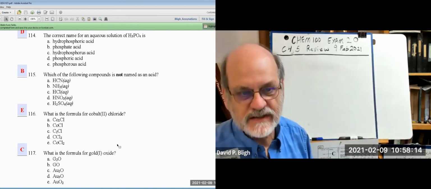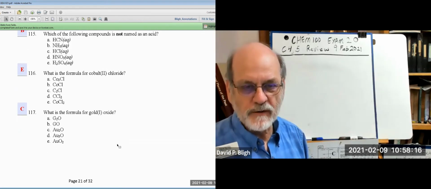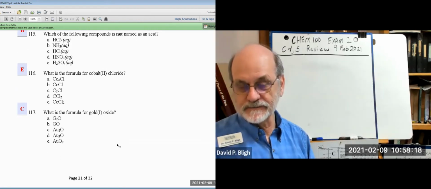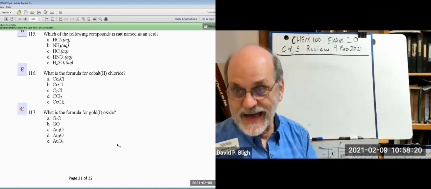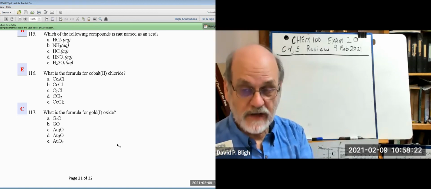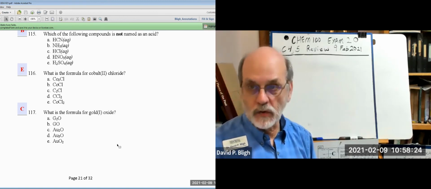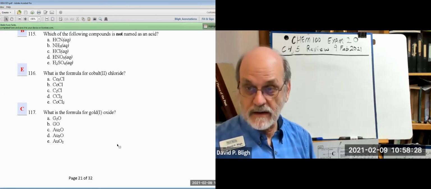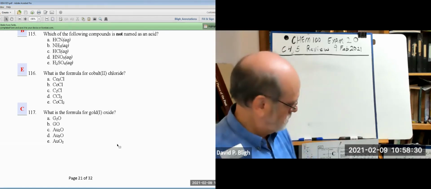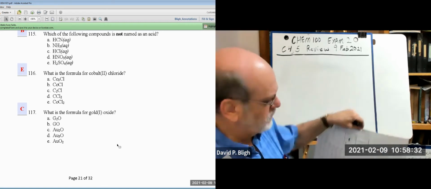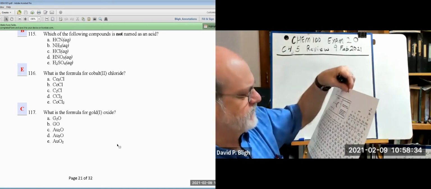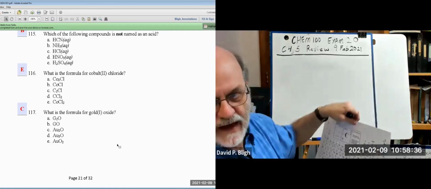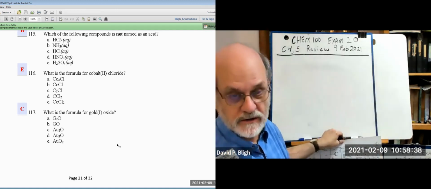All right, 117. What's the formula for gold 1 oxide? Right? I mean, is that correct? Gold 1 oxide? Yeah, gold is a transition metal. So you would say, what's its charge? Well, you look on your periodic table and say, yeah, I found it. It could have more than 1 charge.